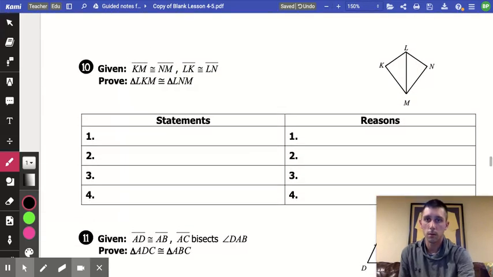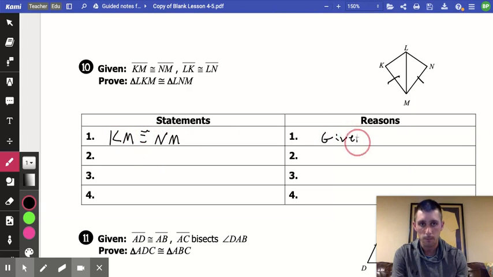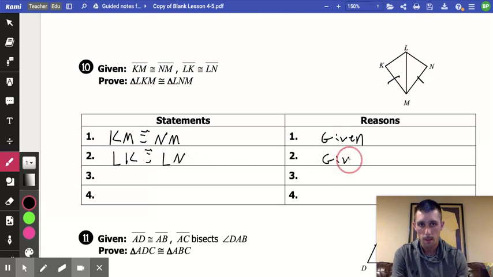Number 10, given. So KM is congruent to NM. All right, I'm going to write that. KM congruent NM, given. LK is congruent to LN, given.